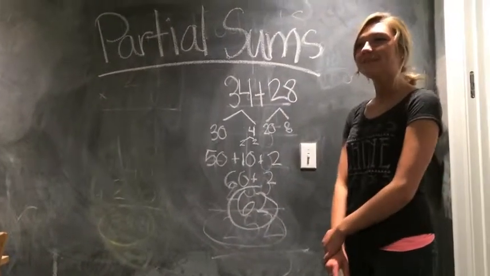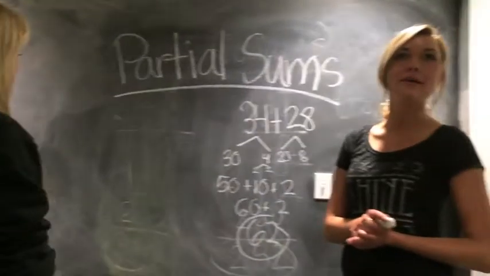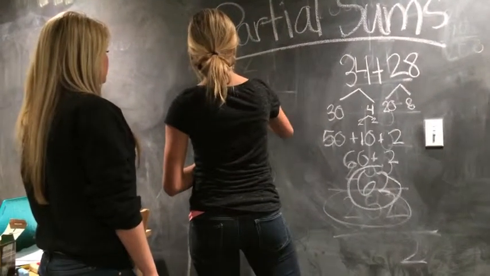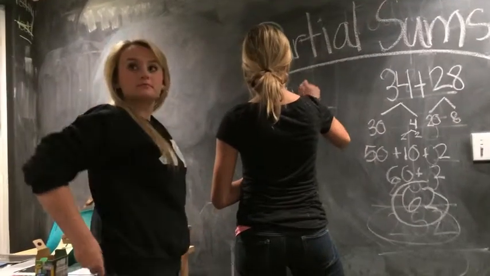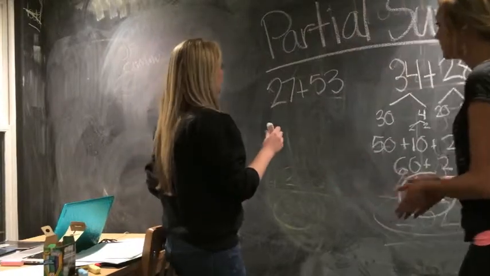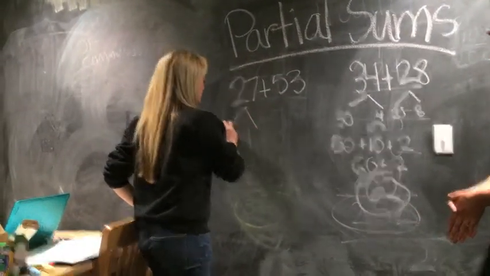Okay. Do I have any volunteers to come up here and try this problem? Molly, that'd be perfect. So let's see what problem we're going to give you. 27 plus 53. Okay. So I split the 27 into 20 plus 7.